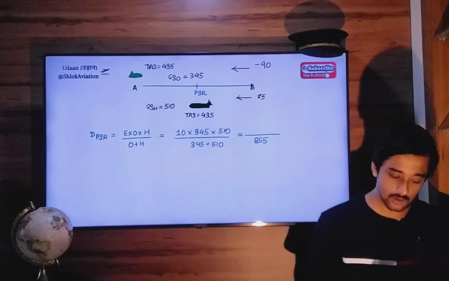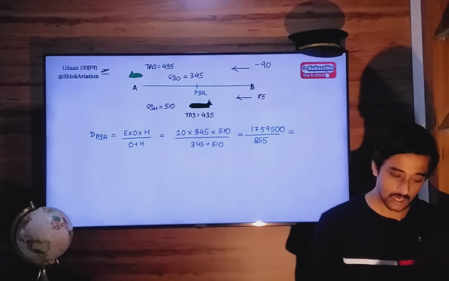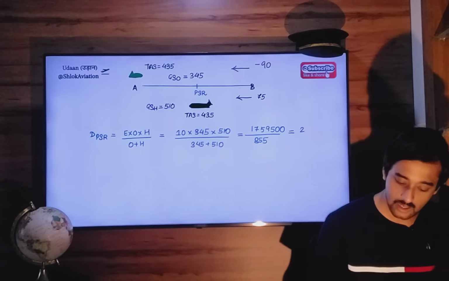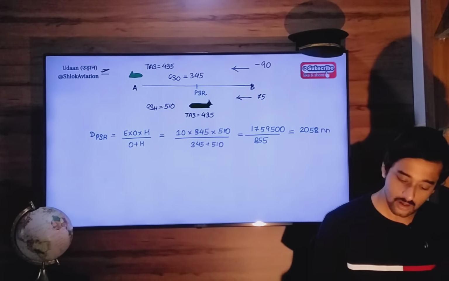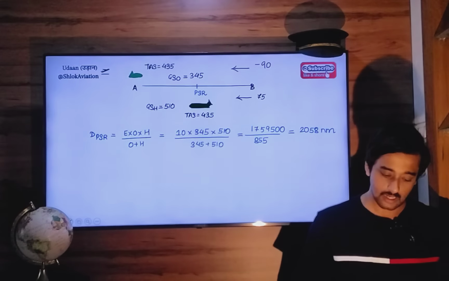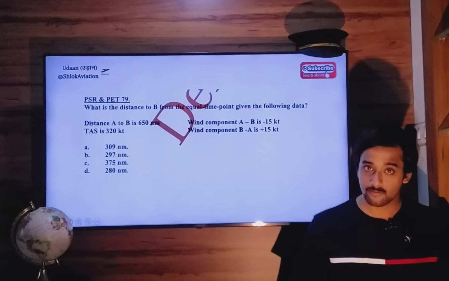So 10 into 345 into 510, 1759, divide by 855. That is 2058 nautical miles. Okay, 2058. So option alpha.